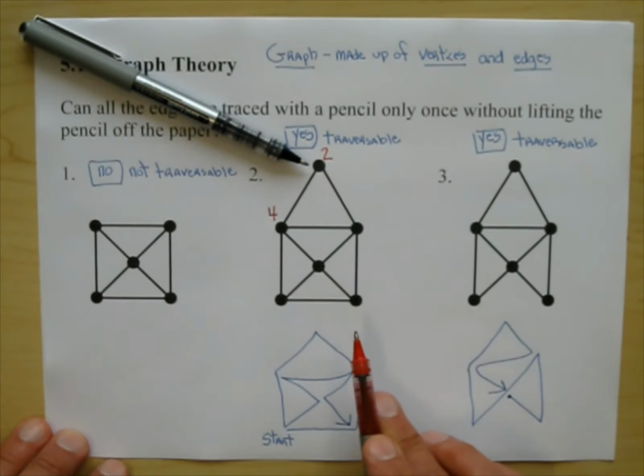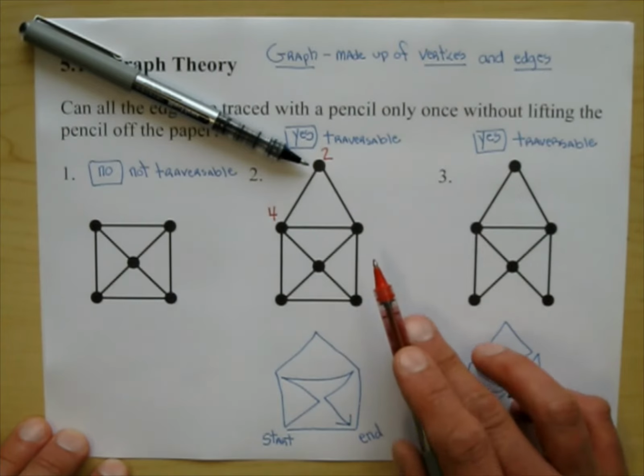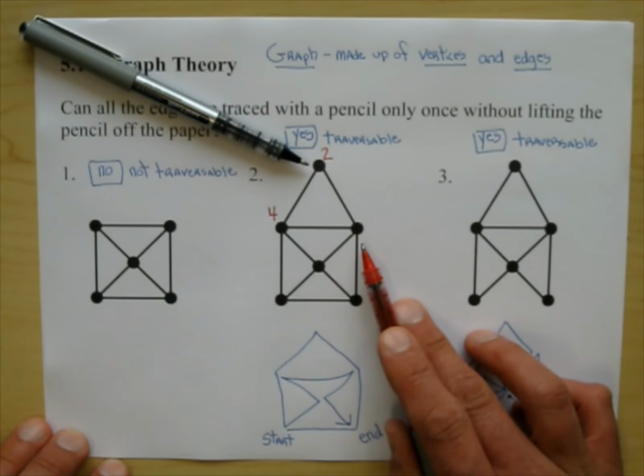All the other vertices or cities where you did not start or end should have an even number, because the even number kind of denotes that you came into that city the same number of times that you left that city.